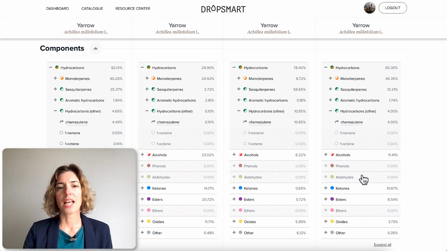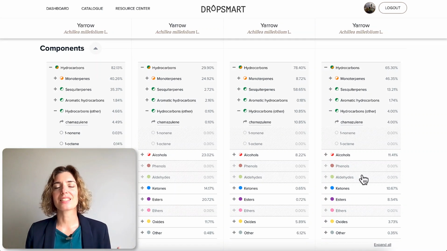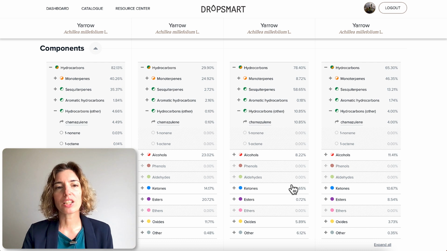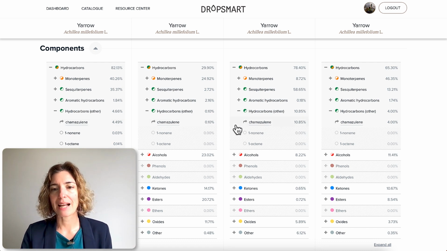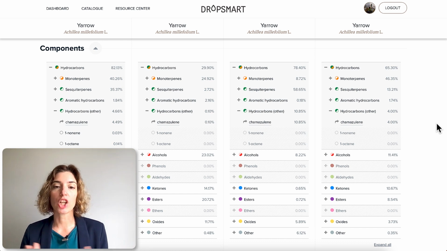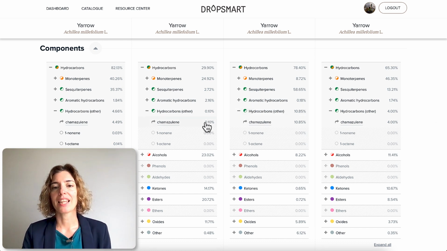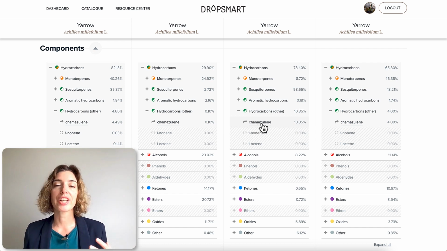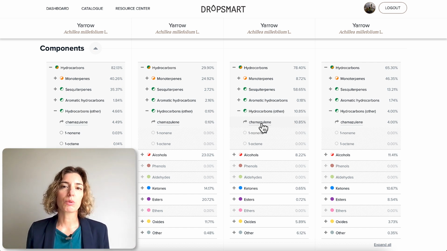We're asking whether this chemical constituent is relevant. Do you actually need to pay so much attention to it? The amount of chamazulene in yarrow can vary a lot. Here we have less than 1%, but here we have 10%, and I've rarely seen more than 10% in yarrow.